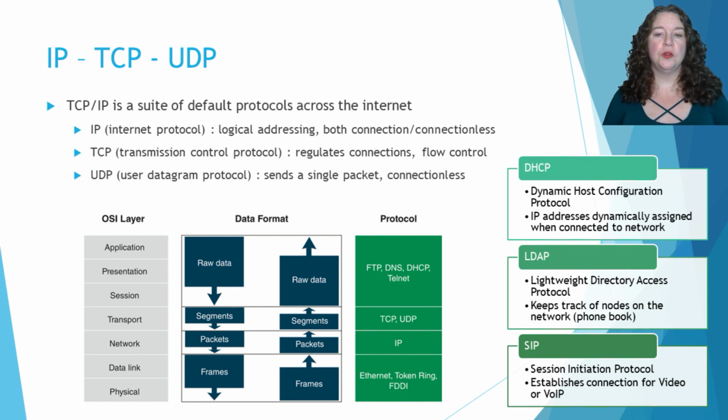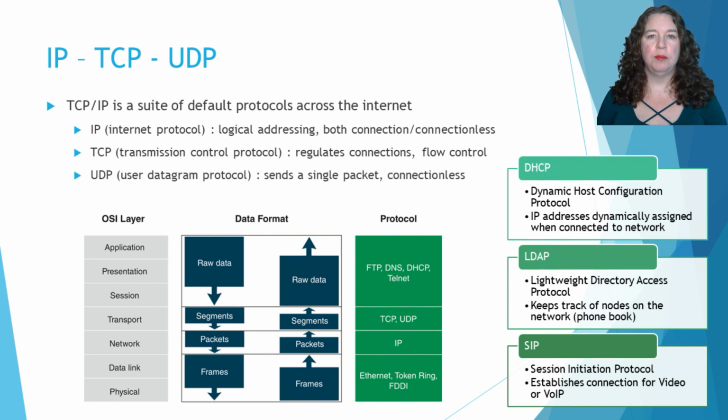LDAP, Lightweight Directory Access Protocol, keeps track of the different nodes that are on your network. So I have my network and I've got 43 computers on my network. LDAP is the directory access. It's the phone book, the thing that controls what it is that you want to find. I want to go find John's computer. Okay, let me go look in the phone book. Let me go look at LDAP.